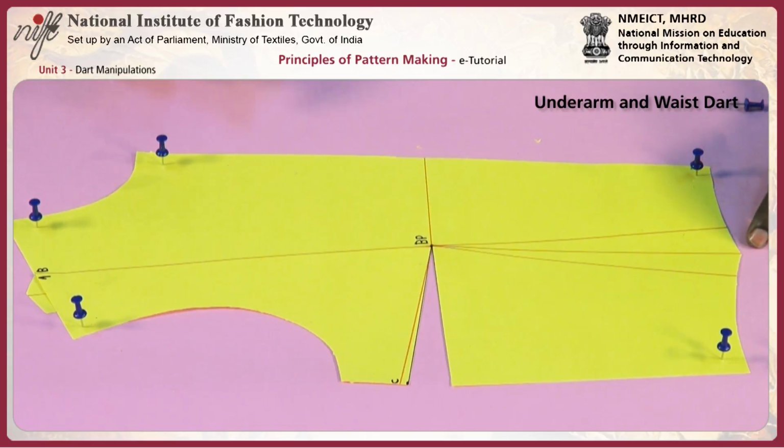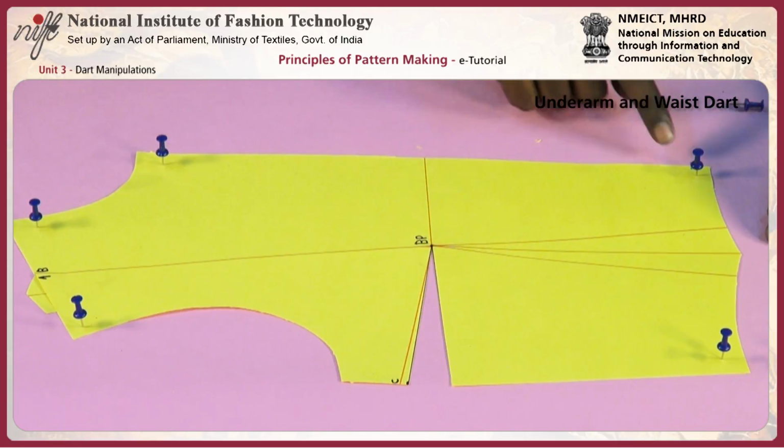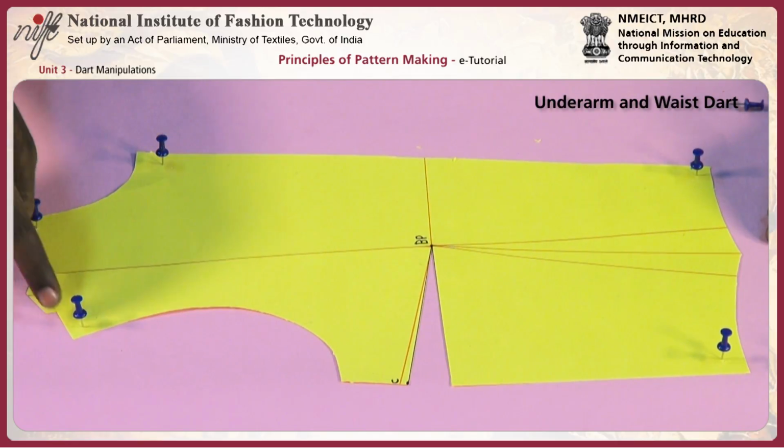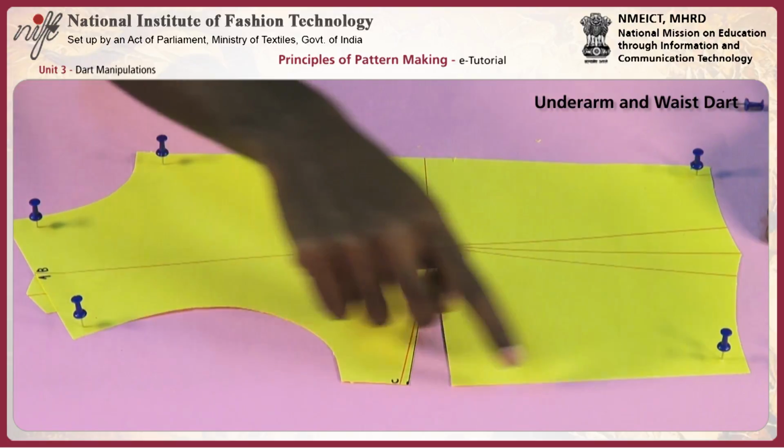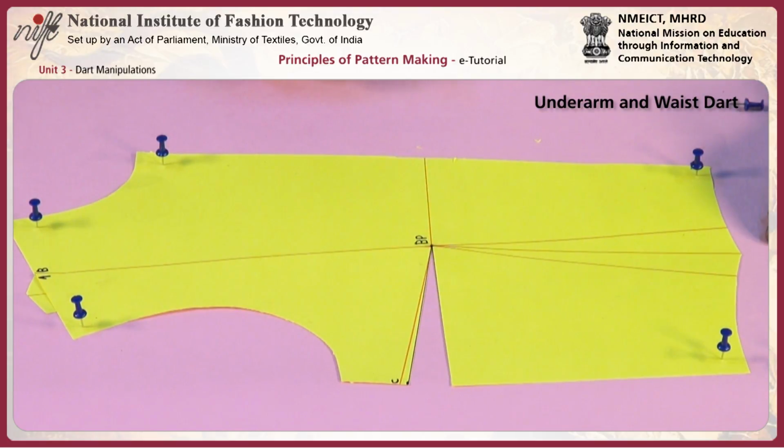Now trace the front body sloper. Wherever there is a straight line like center front line, shoulder line, side seam after closing the dart, you mark only the corner points.